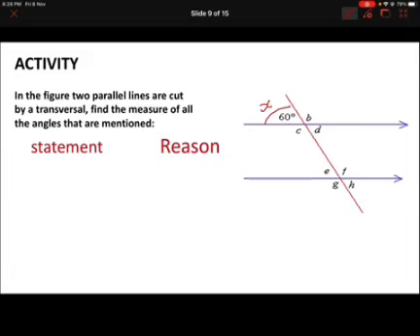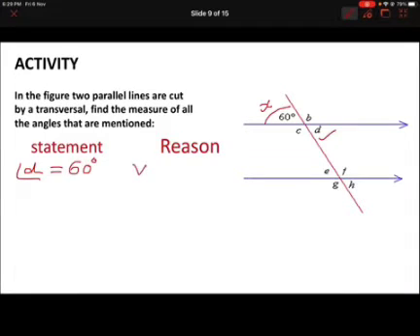Now I'll say that if angle x is 60 degrees, we can start from A, B, C, D, etc. or we can just go about in any order, because we know the reason now how to find. When we find the answer, we know what reason to give. Okay, what I mean is, now I can find angle D, children. If I start with angle D, then I'll say angle D is 60 degrees. What is the reason?